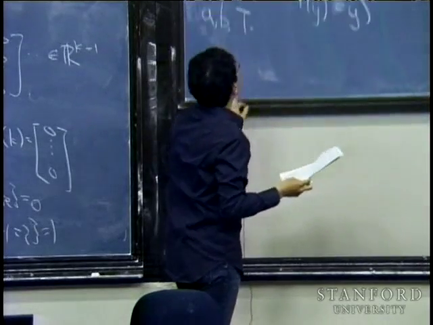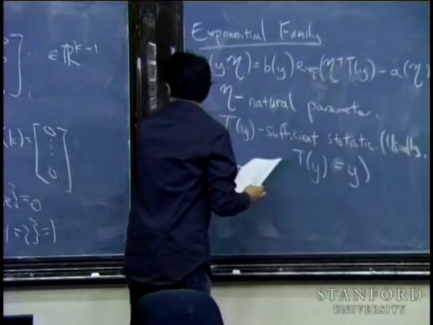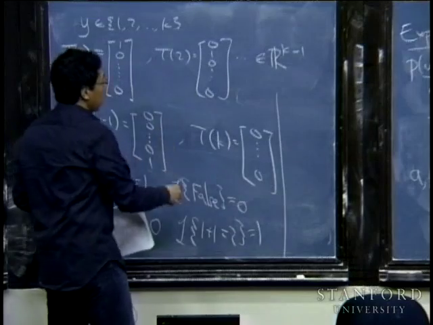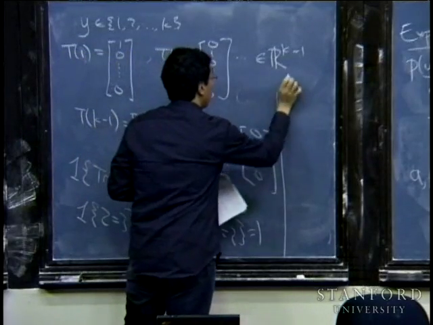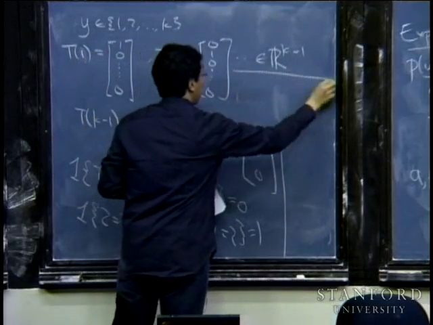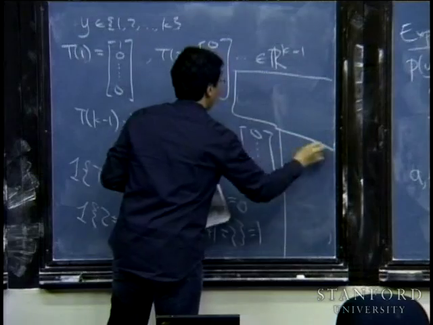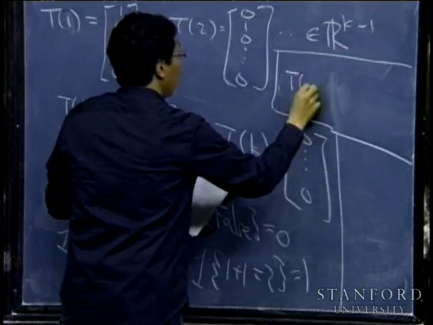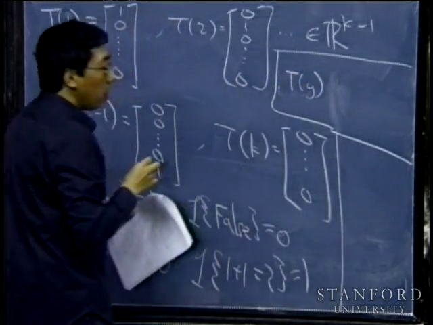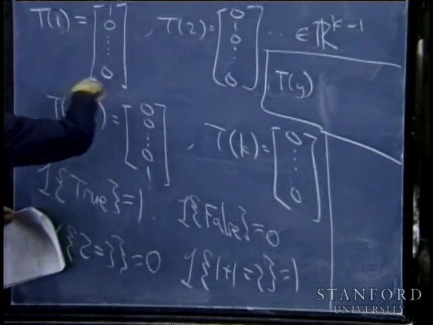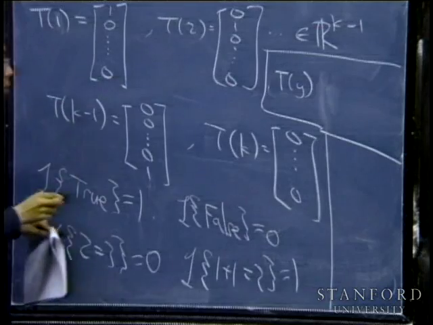And so, to combine both of these, if I carve out a bit of space here: t of y is a vector, right? y is one of k values, and so t of y is one of these k vectors.